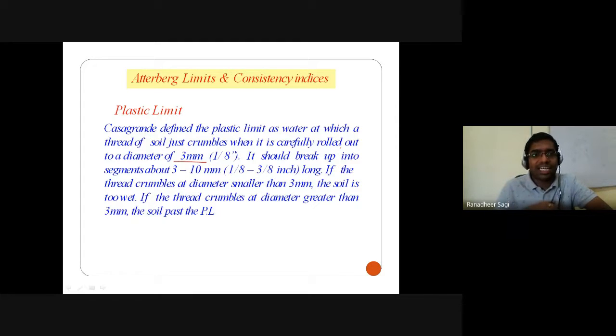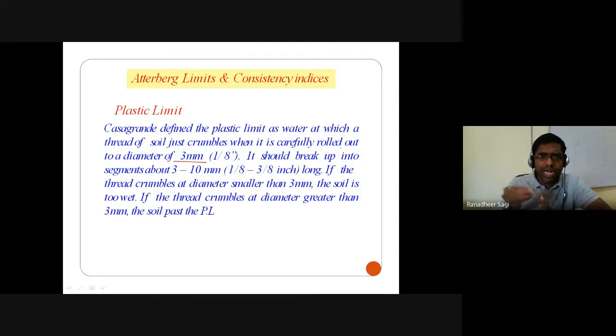You should see the cracks getting developed on the surface of that soil thread, which indicates the failure in that particular soil thread. In case, when the soil is rolled into the form of a thread at a diameter more than 3 mm itself, if you see the cracks getting formed on the surface of the thread, it means the water content added to that particular soil is less than your plastic limit.